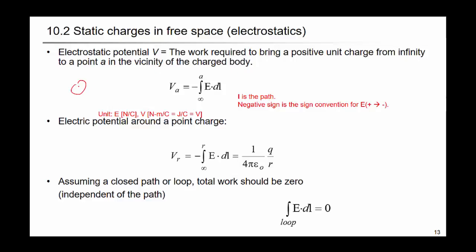So when you have a Q here, the positive test charge was at an infinite distance, and you take it to some place here, at the distance of A. The potential is defined as the work required to bring that charge to a certain point.